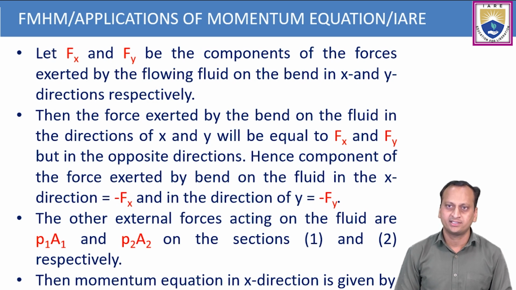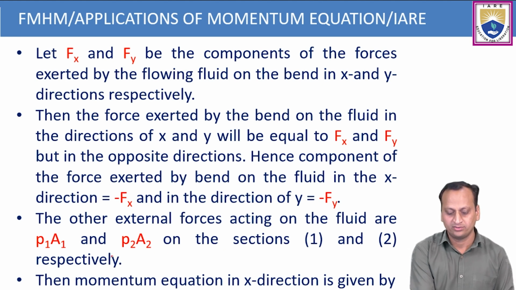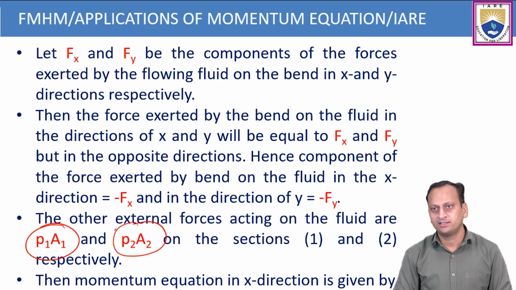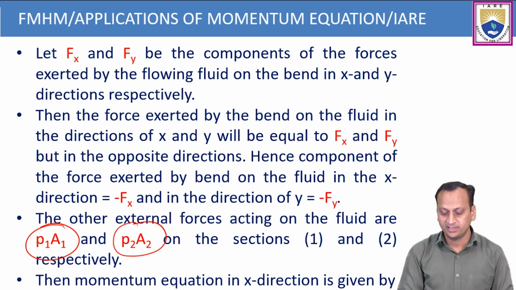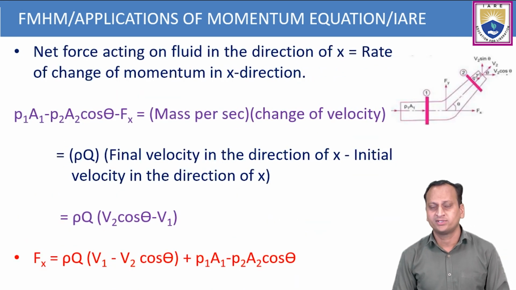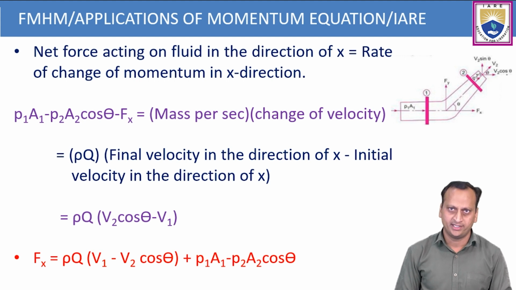Then the forces exerted by the bend on the fluid in the x and y directions will be negative Fx and Fy. The other external forces acting on the control volume are the pressure forces P1A1 and P2A2. We have to apply the momentum equation about x and about y.